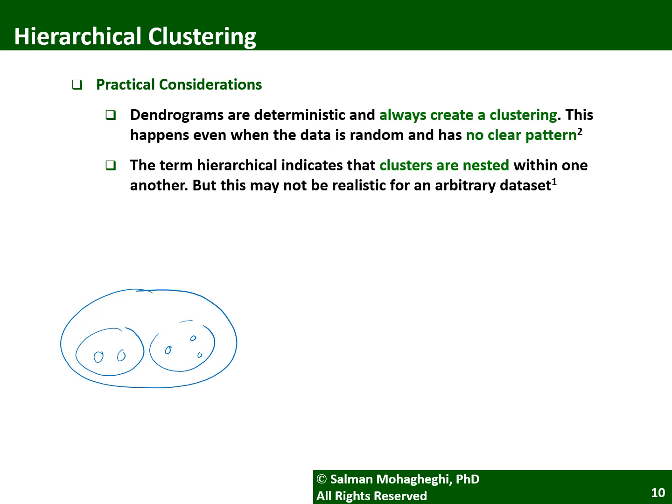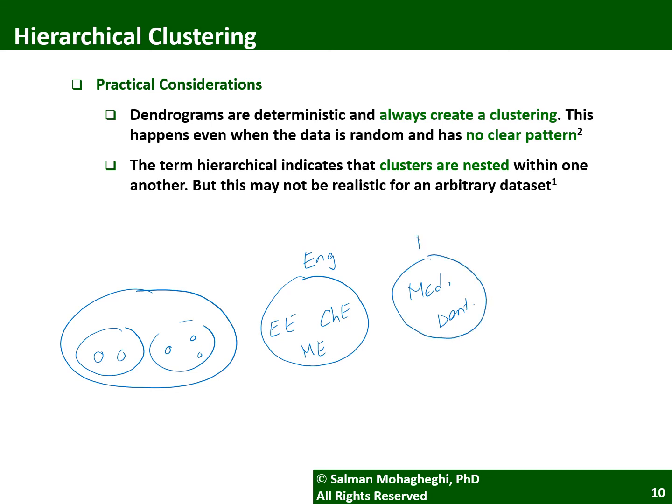This has some sort of a natural nesting to it, because you could say, for example, that EE students and ME students and chemical students would be clustered into an engineering cluster, and then, for example, medical students and those who study dentistry would be under medicine, right? So this has some sort of a nesting to it, and then you can say engineering and medicine, I combine into higher education, right? That's a natural nesting within those clusters.